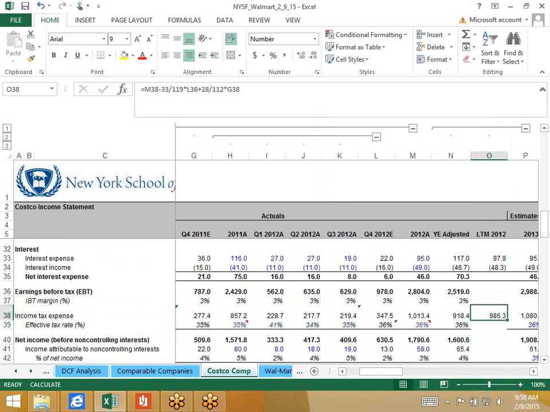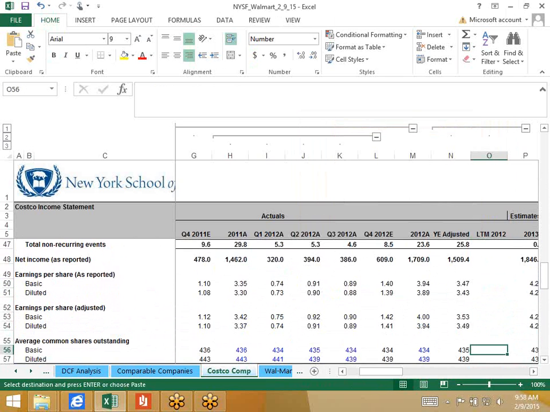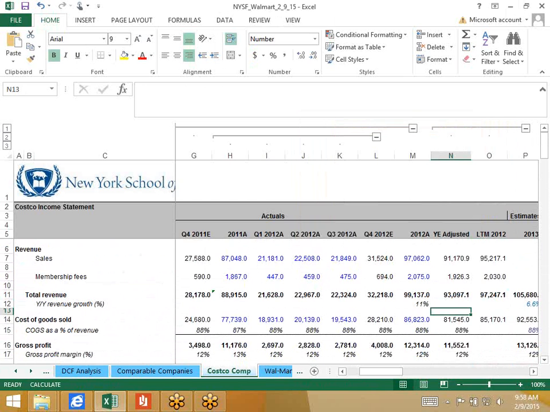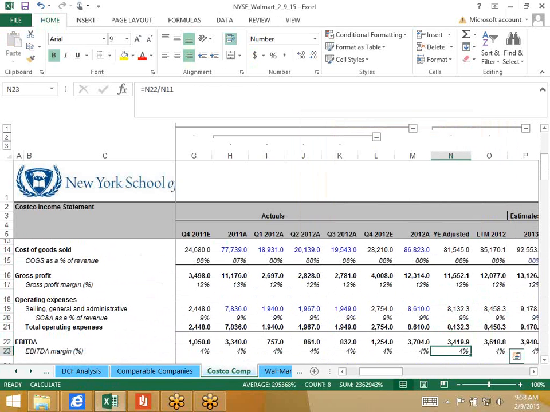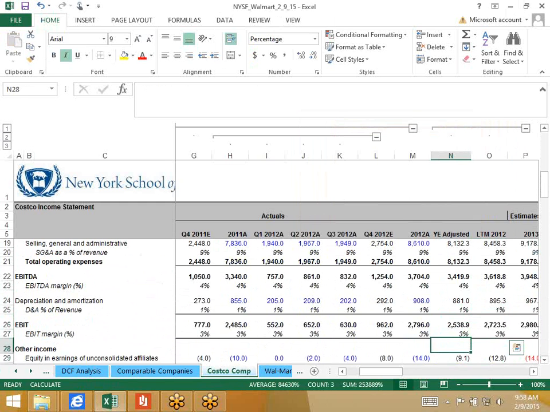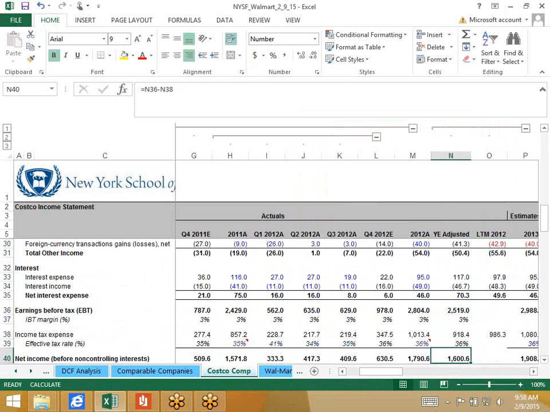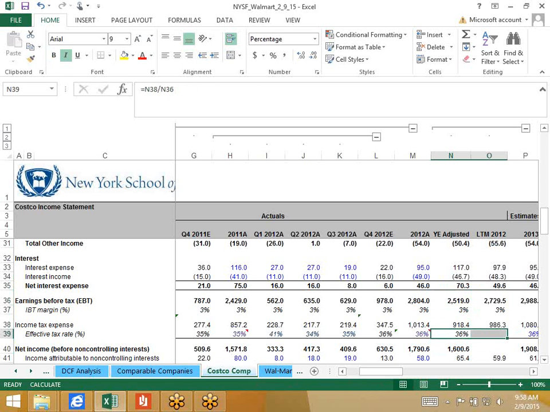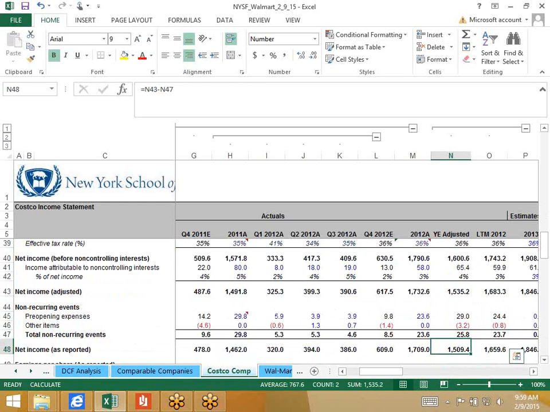Non-controlling interests, pre-opening expenses, and then we'll copy over all the total formulas: revenue, COGS, gross profit, margins, SG&A, EBITDA, margins, EBIT, total other income, total interest, EBT, tax rate, income before non-controlling interests, net income as reported, net income adjusted, then the adjustments.